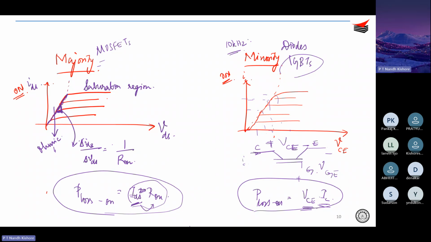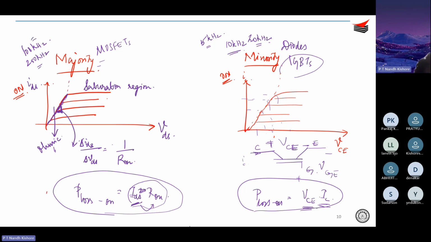Okay, 10 kilohertz or max maybe 20 kilohertz, not more than that. Generally, you have applications that are 5 kilohertz, 10 kilohertz and stuff like that. So generally for variable frequency drives that you may be aware, they are for 5 kilohertz and 10 kilohertz. However, MOSFETs can be used for very high frequency applications such as 100 kilohertz, 250 kilohertz.